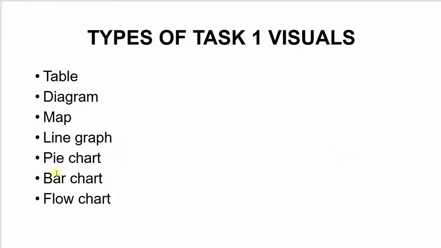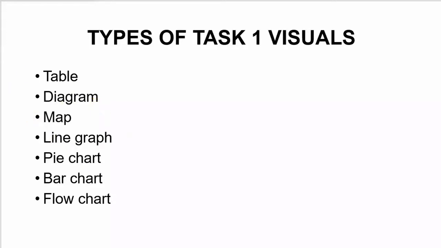So for those of you who have watched my video about the IELTS test overview, I talked about the visuals that are presented to you in task 1 of the writing test. So these are the type of visuals that can be anticipated. Let's get to know these visuals and what is entailed and the examples that we can see pertaining to these visuals. The first one I'll talk about is line graph.